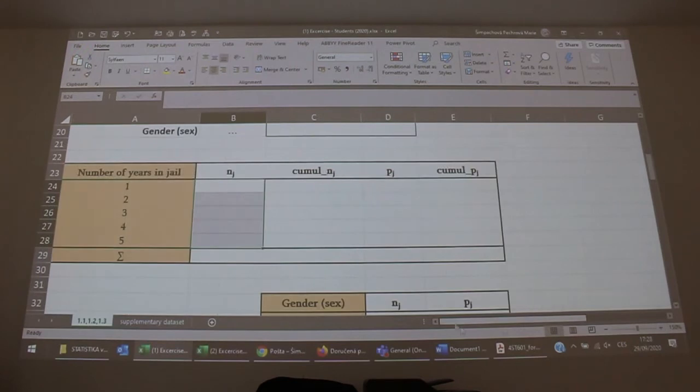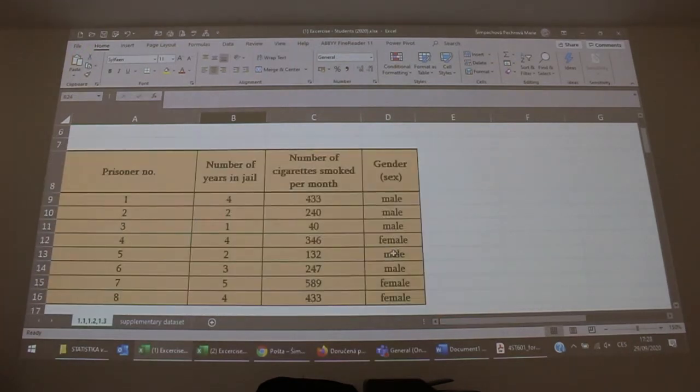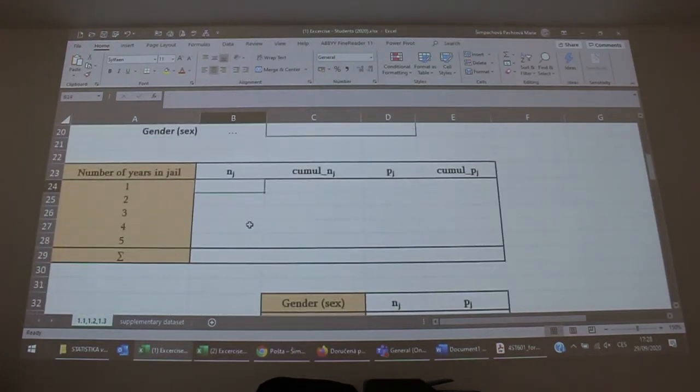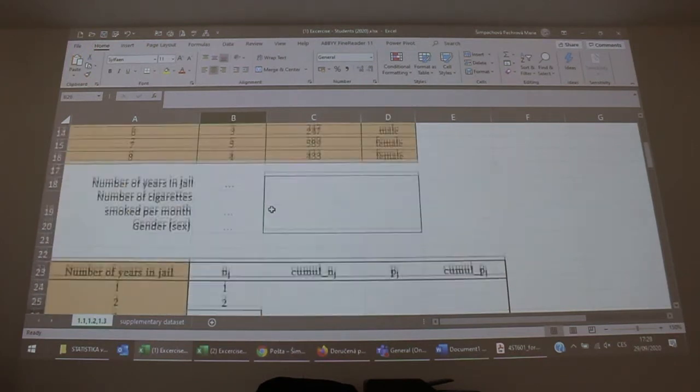I will zoom this document and we will check the table at the top of this document, and we are searching how many times value 1 year in jail is present, only 1 time. How many times is value 2 present? So I will write these values here. 1 time you can observe value 1 year in jail. 2 times you can observe value 2 years spent in jail.